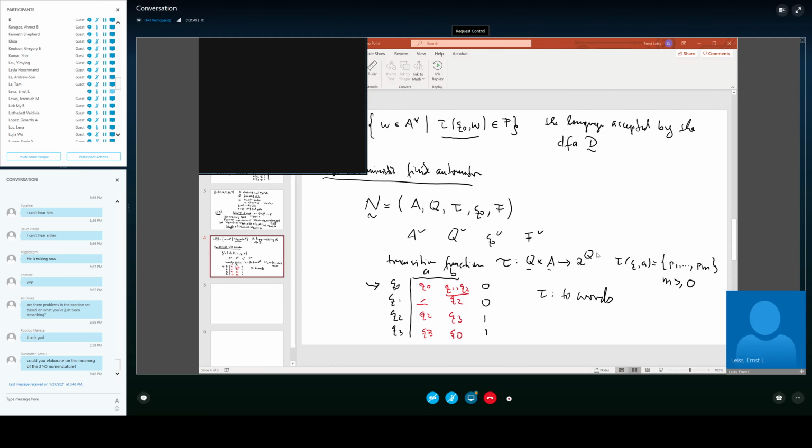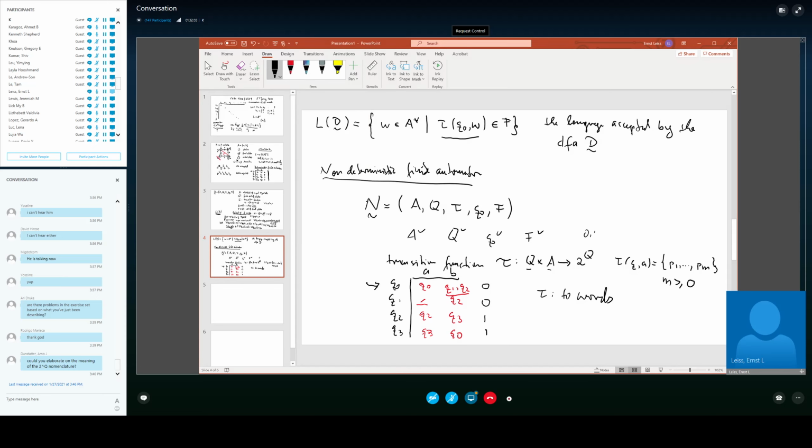Okay, this is the set of all sets. It's the power set, and so the set of all subsets. So in this particular case, if Q is 0, 1, 2, I'm doing only 3, then you would have the empty set, you would have 0, you would have 1, you would have 2, you would have 0, 1, you would have 0, 2, you would have 1, 2, and you would have 0, 1, 2.